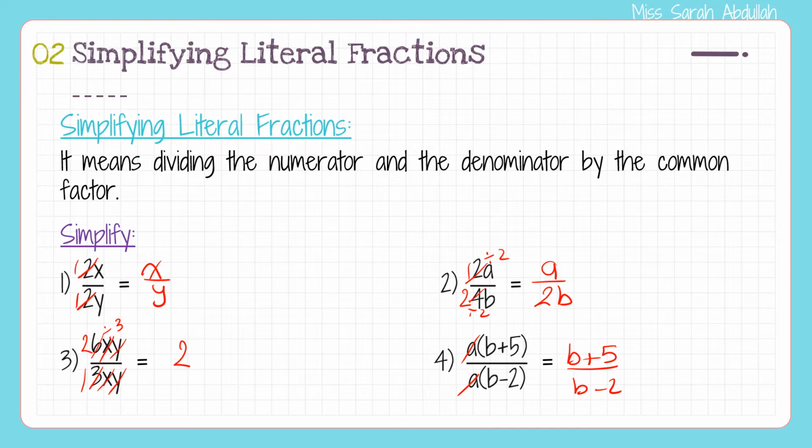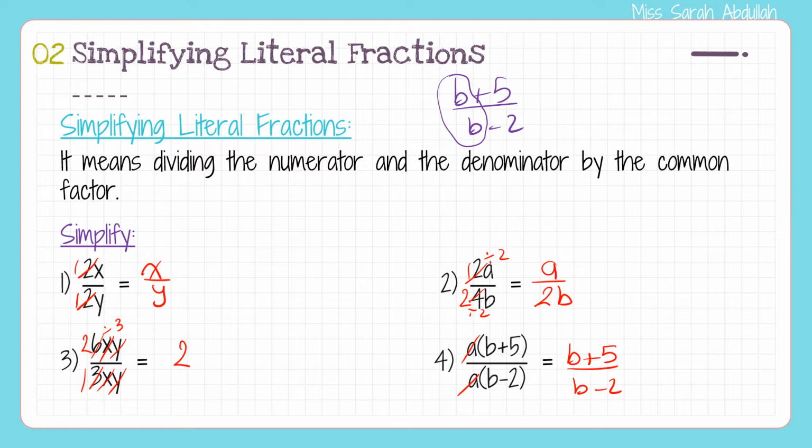Now, there is a common mistake that students made in class: some students, with this b plus 5 over b minus 2, simplified these two letters together. Now, there is a condition for simplifying fractions. The numbers need to be multiplied by each other.